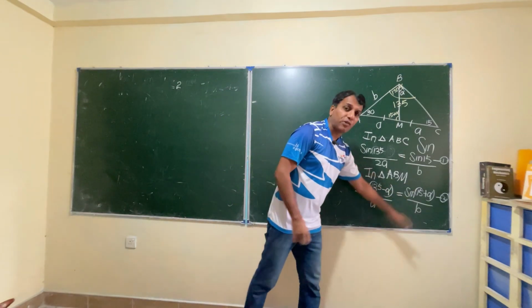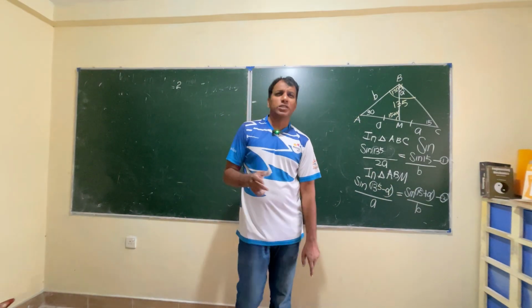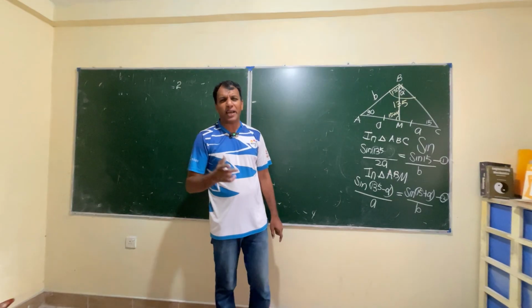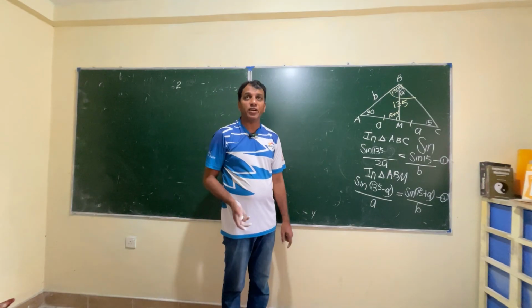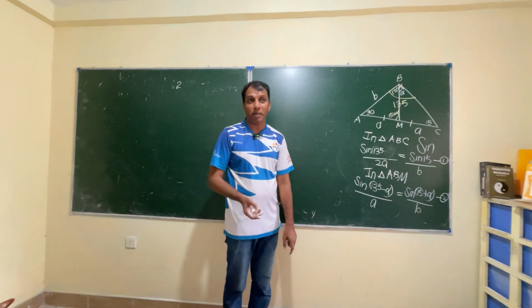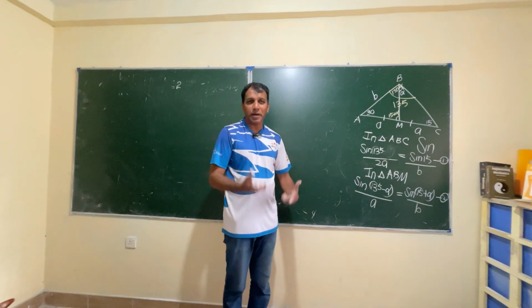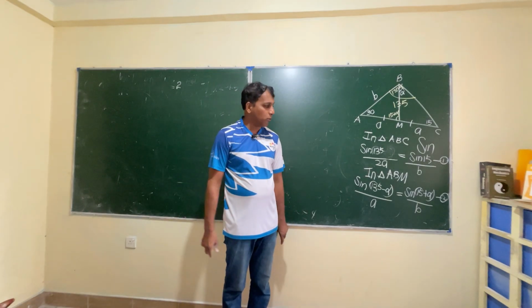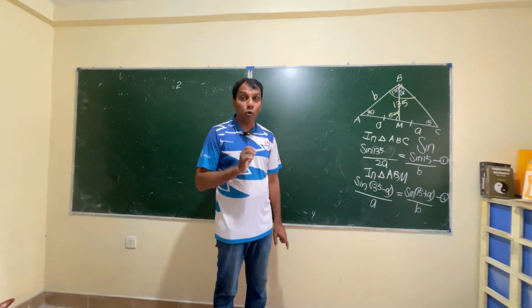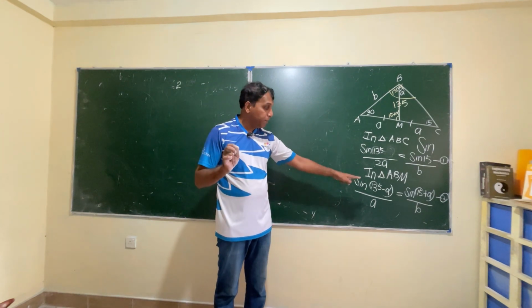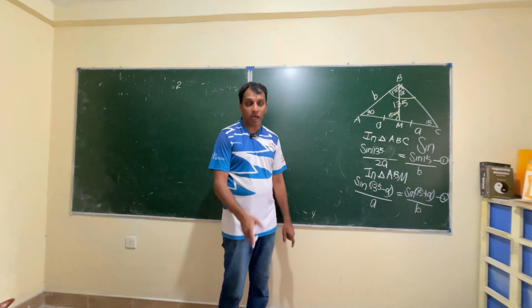So there's a problem: 15 degrees. Usually we use 30, 45, 60. But 15 degrees, 18 degrees and 36 degrees are famous in pure maths. Okay, we'll see. Now see, I mentioned a, and we try to remove a and b and find alpha.